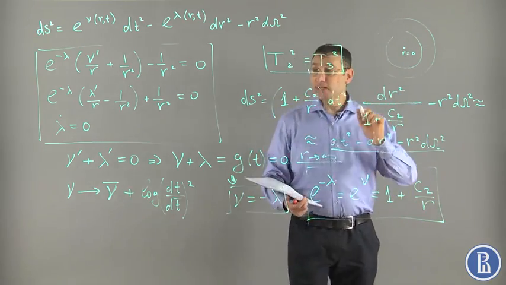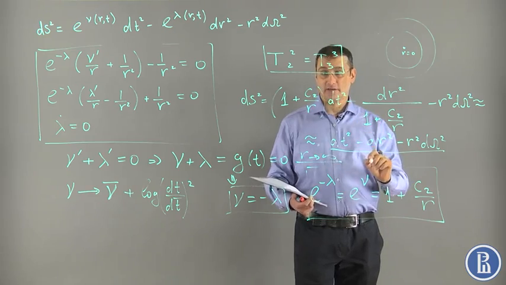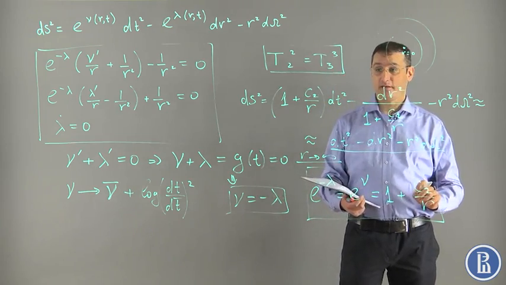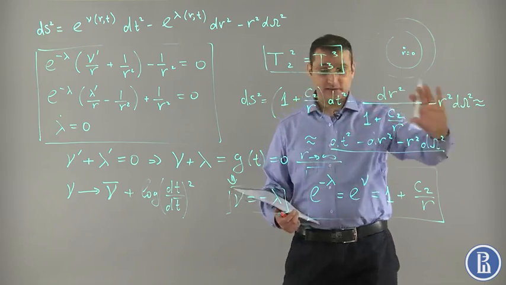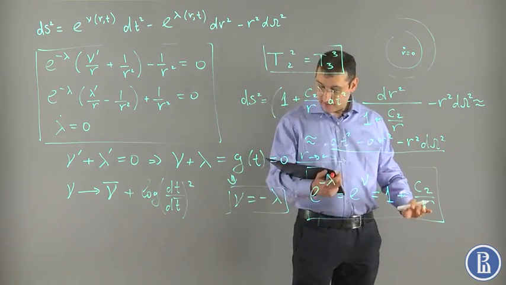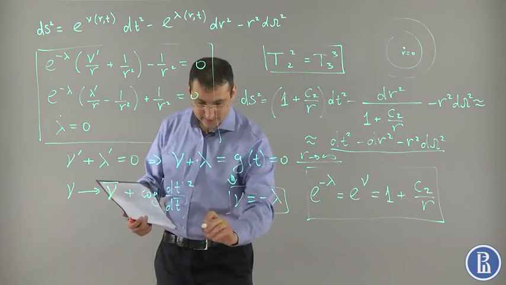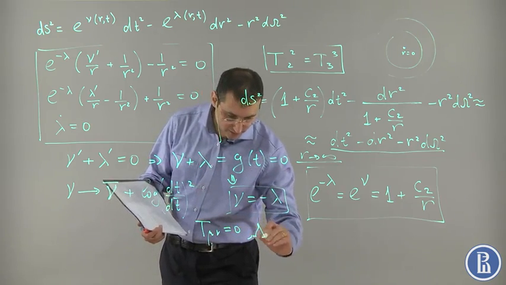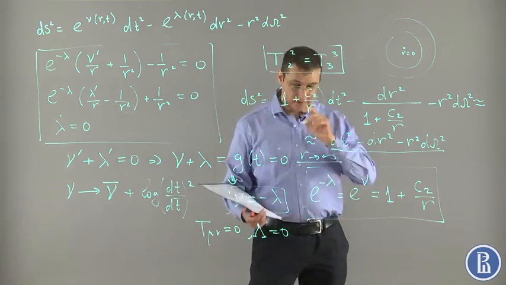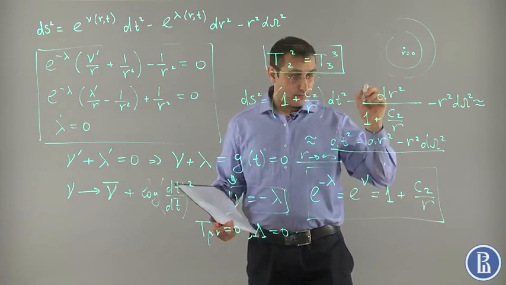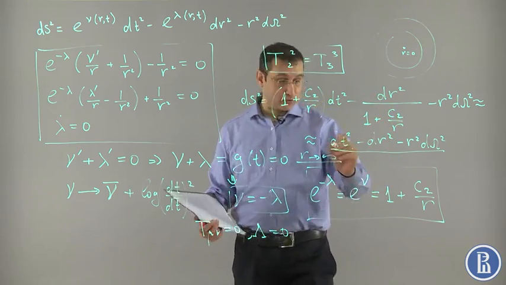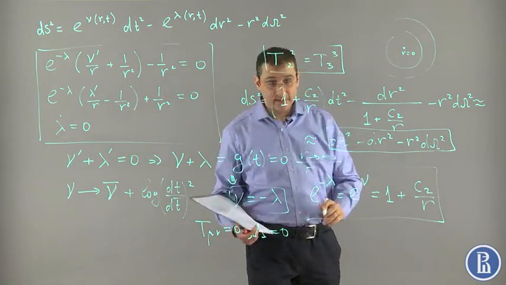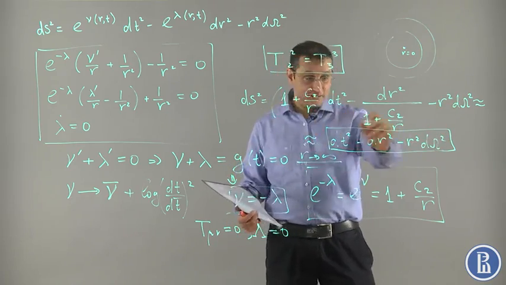And now what we encounter is a very interesting situation: if we consider a spherically symmetric metric in the case that T mu nu equals 0 and lambda equals 0, so when these two quantities are 0, and the metric is spherically symmetric and goes to the flat one at spatial infinity, then this metric is necessarily static.